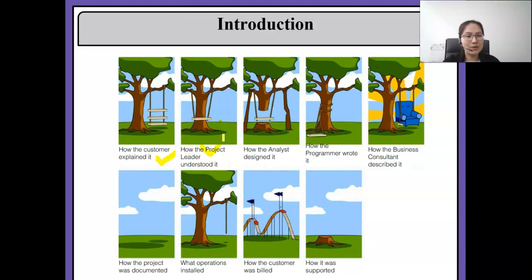After you understand the customer's need, you go to the designer. After listening to your description of the customer's need, what does the designer think? Oh, the customer needs something like this.